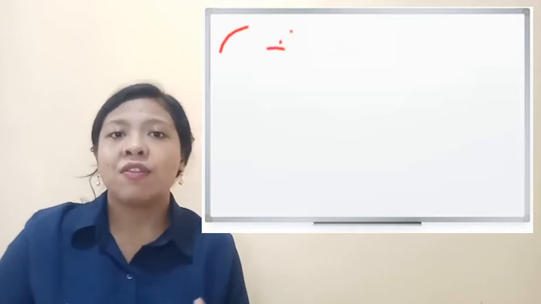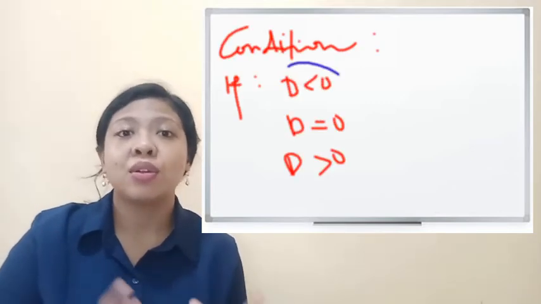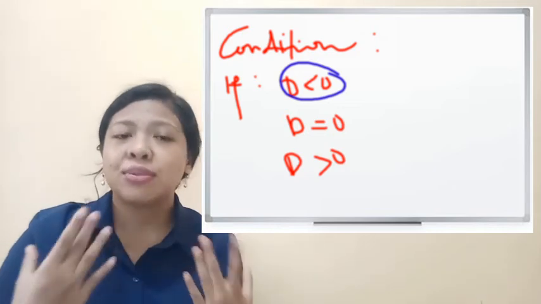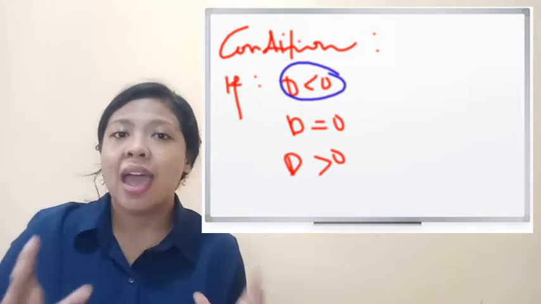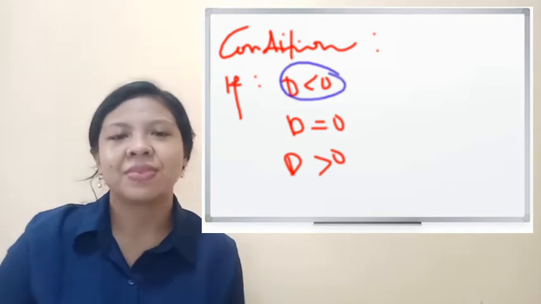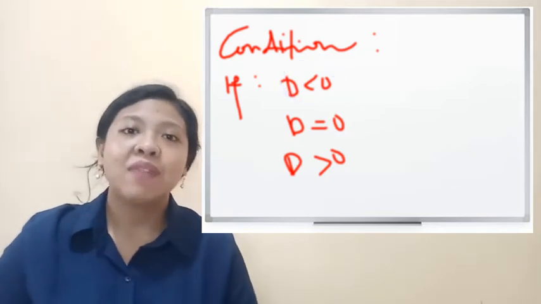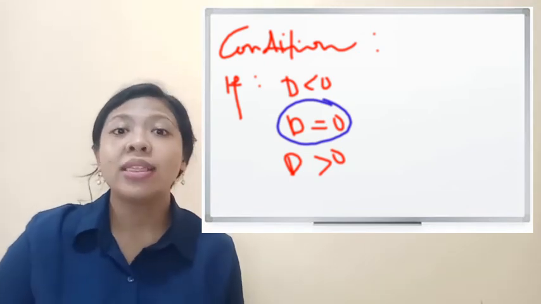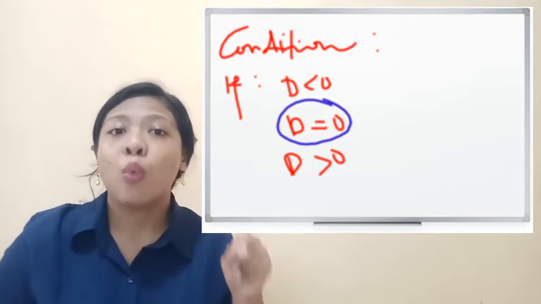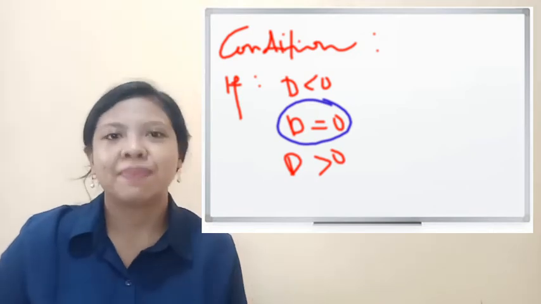So, if the discriminant is less than 0, it means the quadratic equation doesn't have a real root. The next one, if the discriminant is equal to 0, it means the quadratic equation has just one real root.